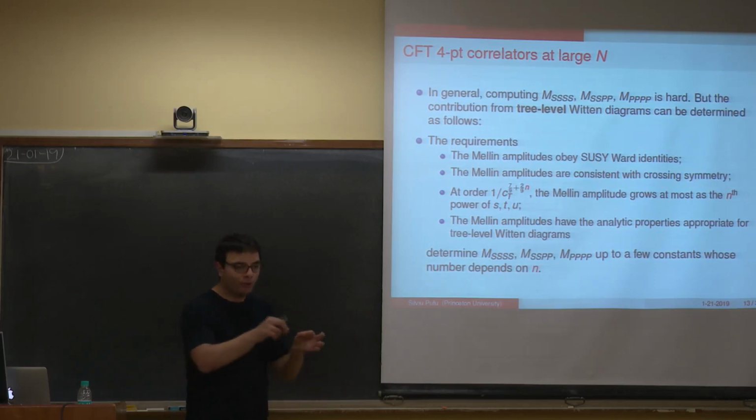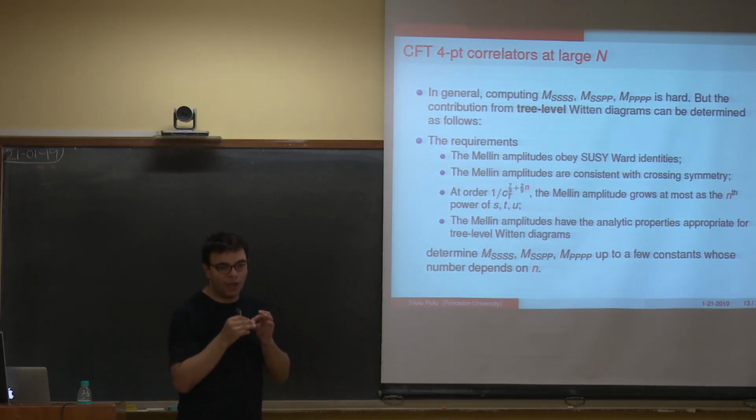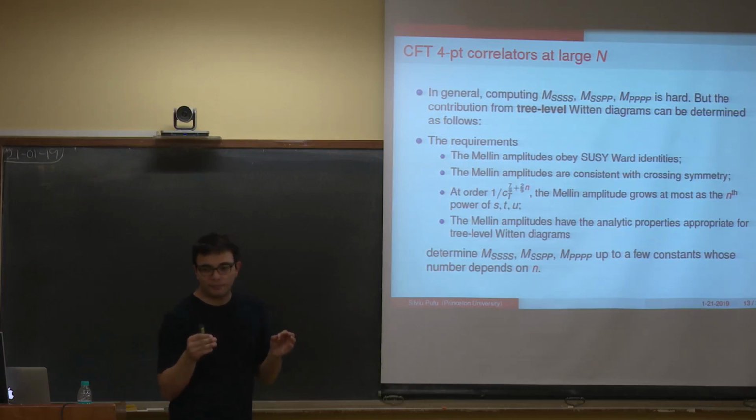There can be poles in S, T, and U with the residues being the same residues that you get when you expand certain conformal blocks, when you express them in Mellin space. Or the Mellin amplitudes can just be analytic, coming from contact diagrams. So that's all that can happen, and I'm just going to assume that's the case. And this is true up to L Planck to the power 9.